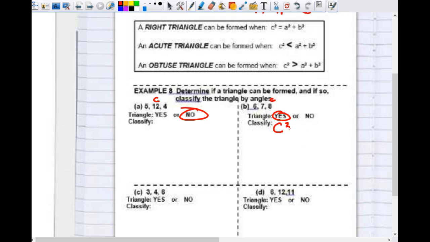We have c squared, and I'm writing a blank because we don't know if it's equal to, less than, or greater than one of those three, a squared plus b squared. We know c is 8, so 8 squared blank. I'm going to call this our a, and this our b. It doesn't really matter which one's a and which one's b.